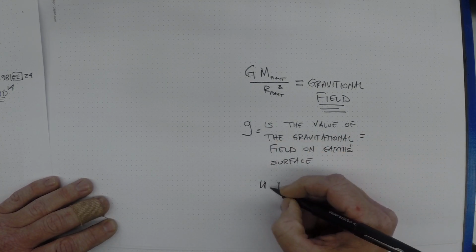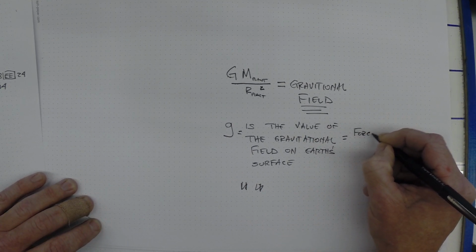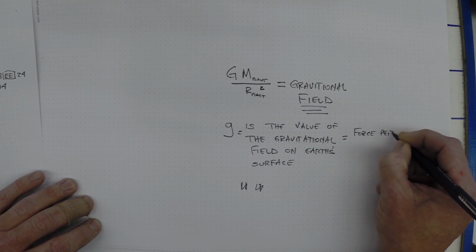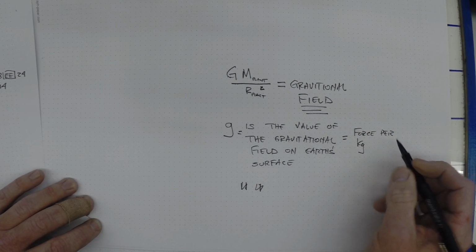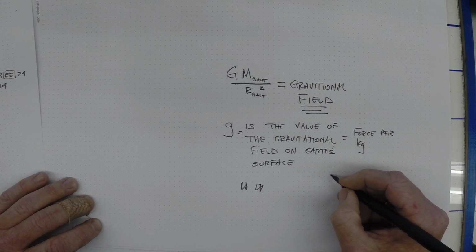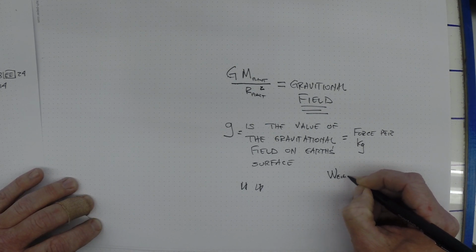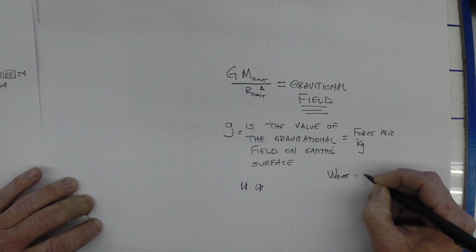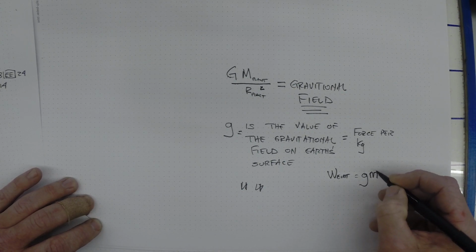G is that. And another way to look at the gravitational field, it is the force per kilogram that you have. So for example, if I want to know an object's weight, the actual force, I need to take the Earth's gravitational field, G, times the mass of the object in question.